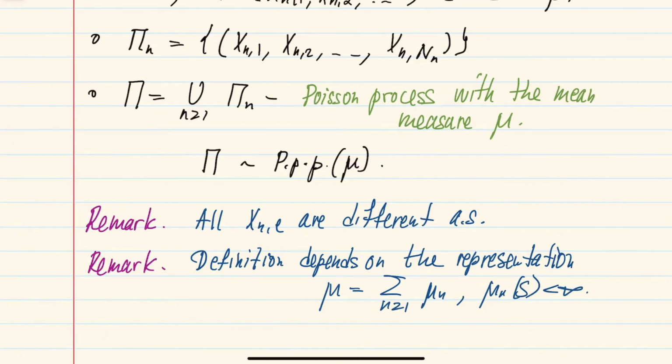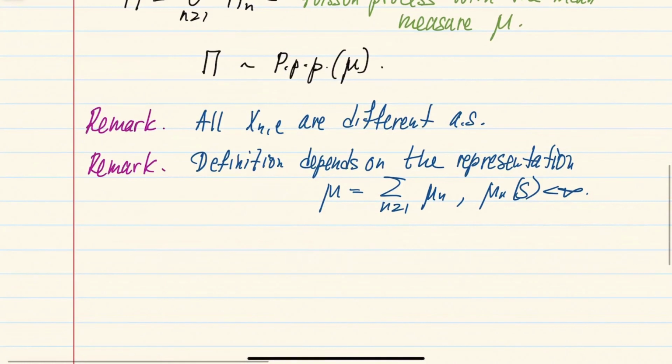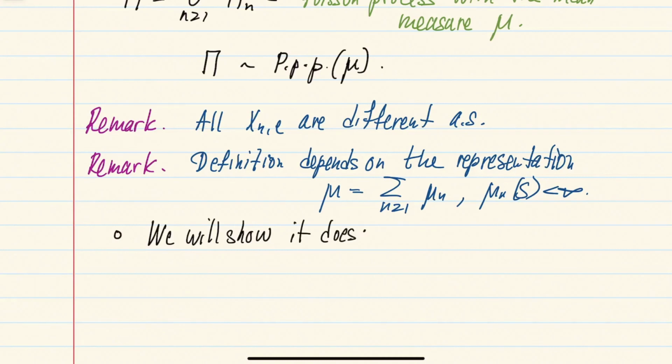One of the main results that we'll prove in this section will show that in fact the definition does not depend on the representation in some sense. Namely, if we view this process pi as a random set.